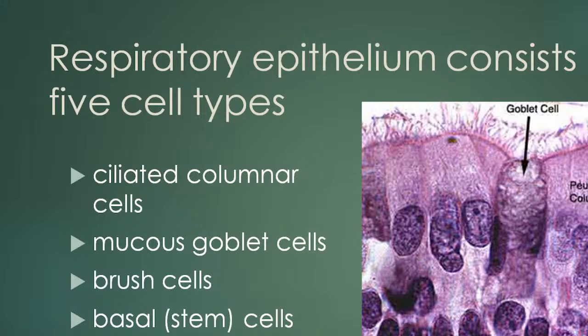This mucus covers the epithelium and helps to catch the dust, and it moistens the air. Goblet cells and ciliated cells together help to remove dust and foreign particles from the airways toward the oral cavity.